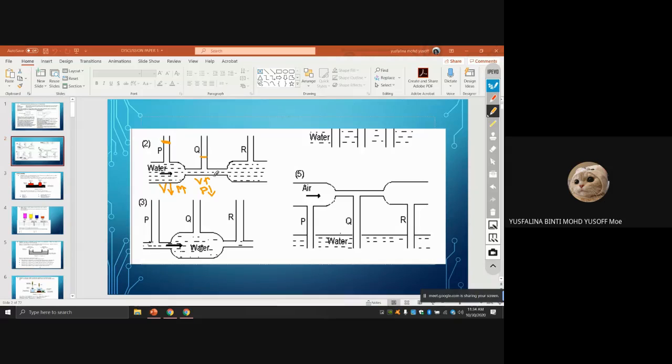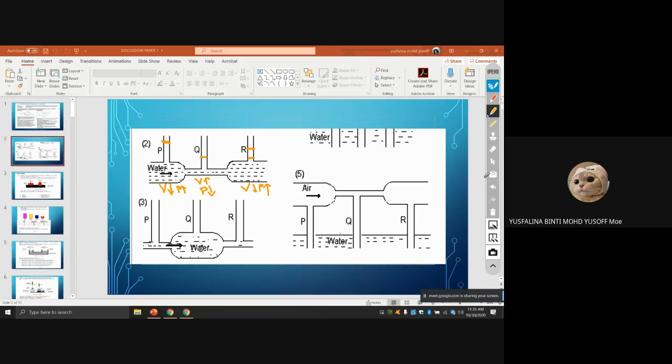And this one, because it just came up from the high velocity, the velocity is higher compared to this one, so the pressure here is also higher, but it's in the middle, between those three.